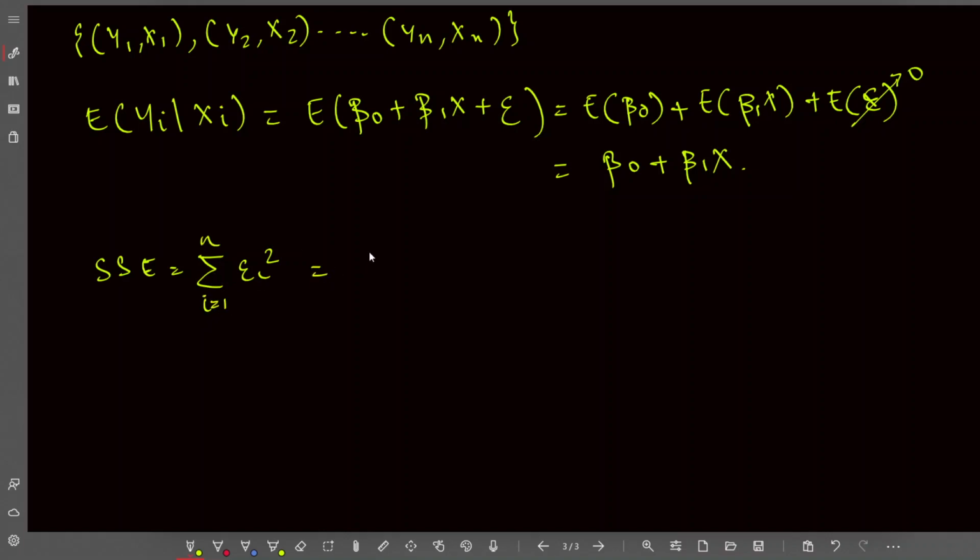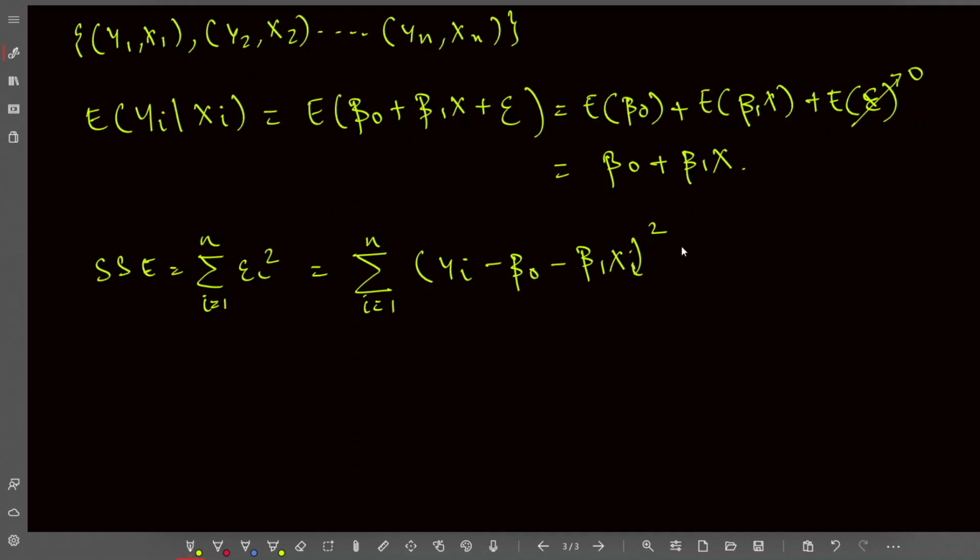This will be written as sigma i equals 1 to n of (y_i minus beta naught minus beta 1 x_i) the whole squared. So this is my sum of square errors.